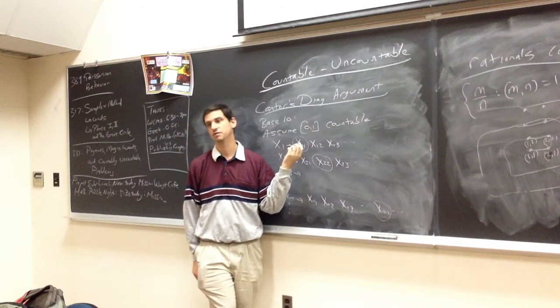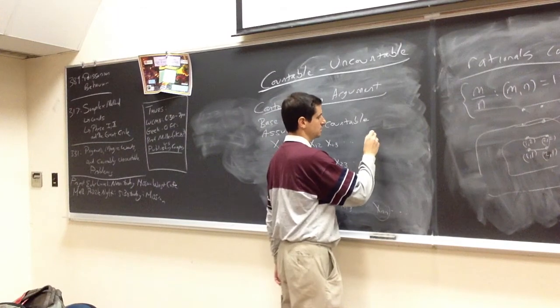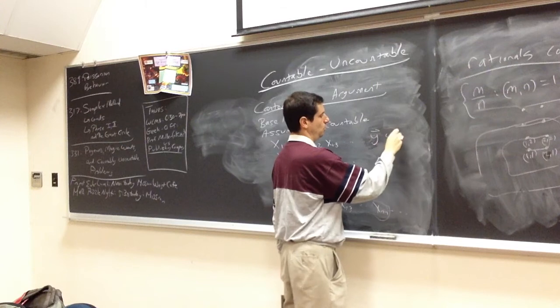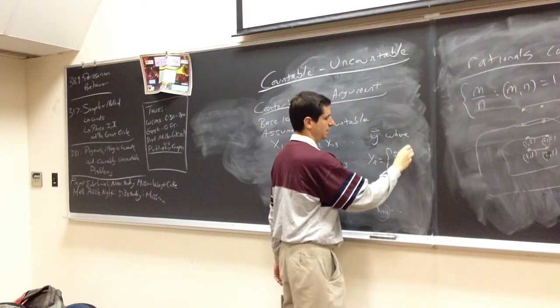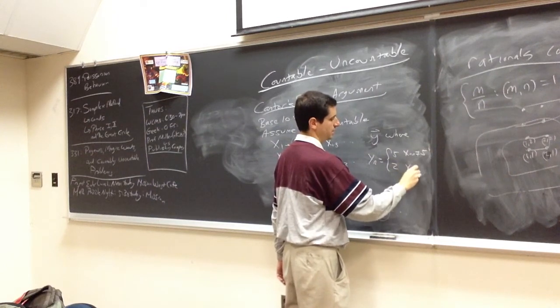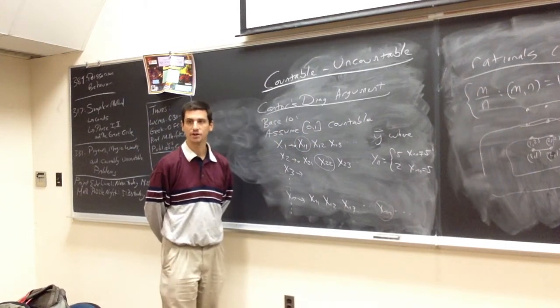If it's a 5, make it a 2. So you form a new number, we'll call it y, where yn is equal to 5 if xnn does not equal 5, and it's 2 if xnn equals 5. So this is a new number that's not in our sequence.